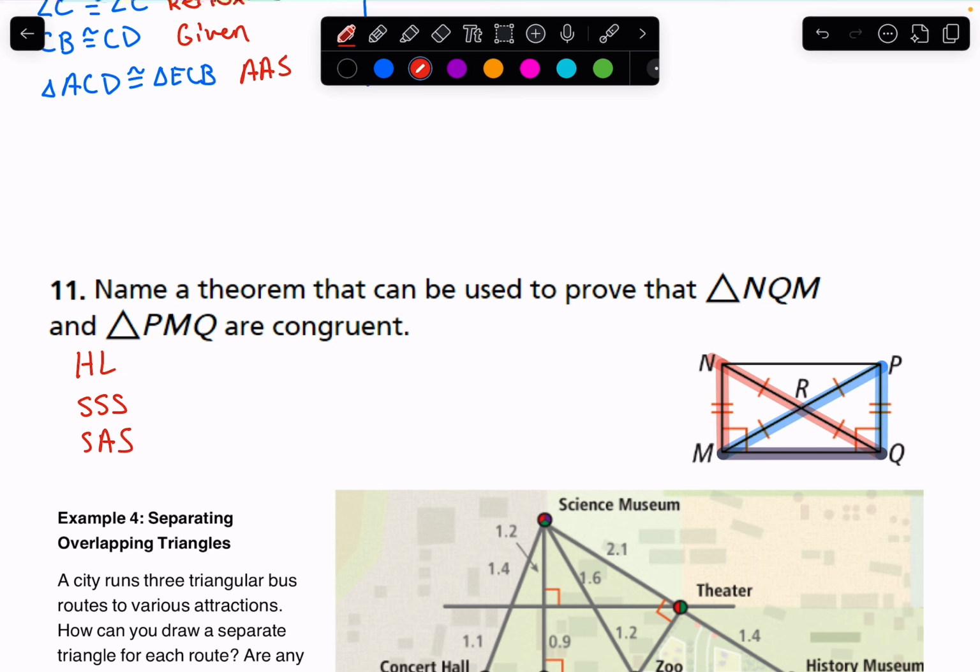If I went even deeper, there's probably a way to finagle some angle sides in here as well. And actually, I do see that right away. I see that triangle MRQ is isosceles. And since MRQ is isosceles, that means it's got 2 angles that are the same in its little corners right here.